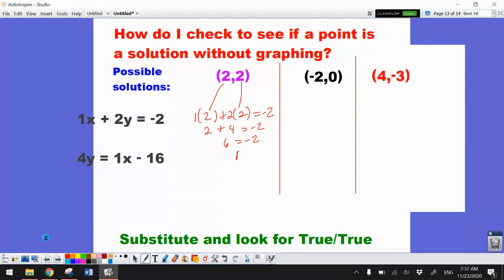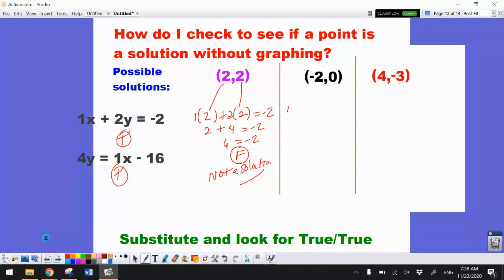Is that true or false? Well, that's false. If one of these is false, I'm done. I know that this one is not a solution because what I have to have is a true and a true. So I do have to check both of them if the first one is not false.